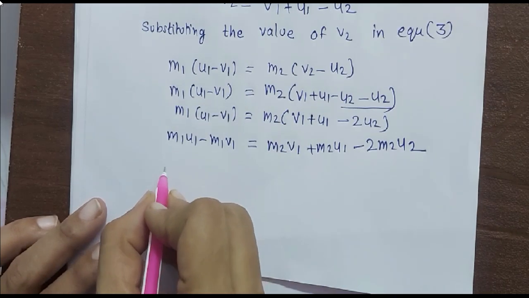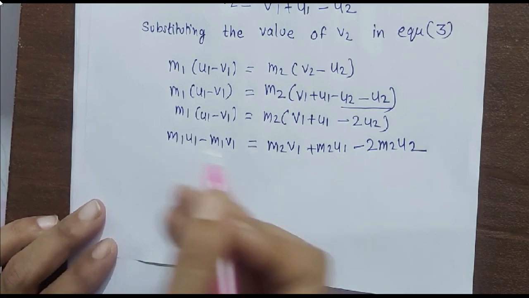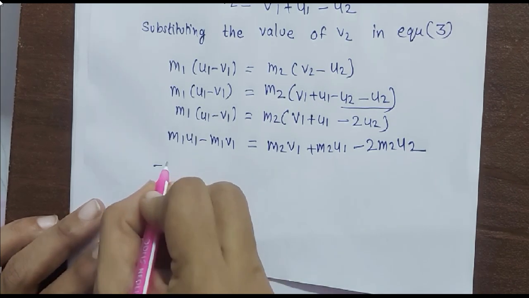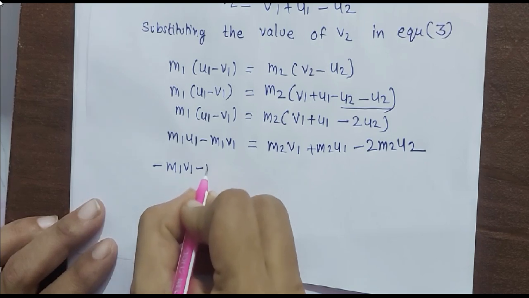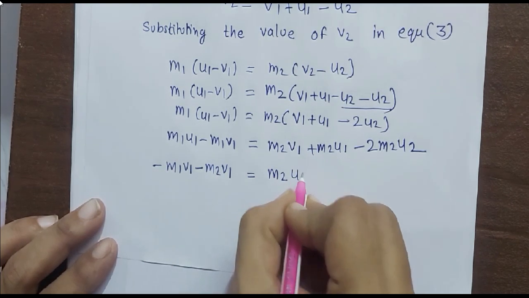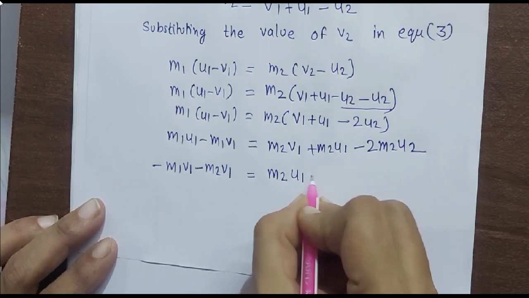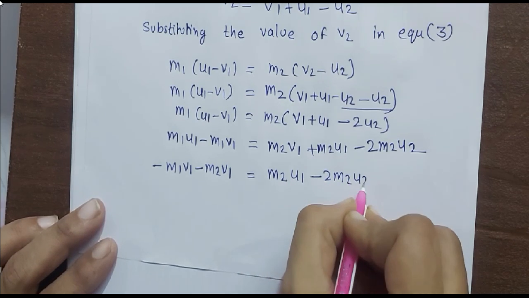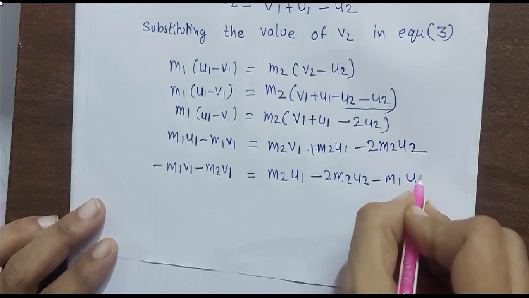Now we will collect v1 on one side: minus m1 v1 minus m2 v1 is equal to m2 u1 minus 2 m2 u2 minus m1 u1.